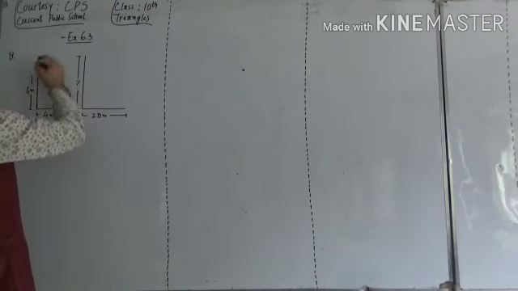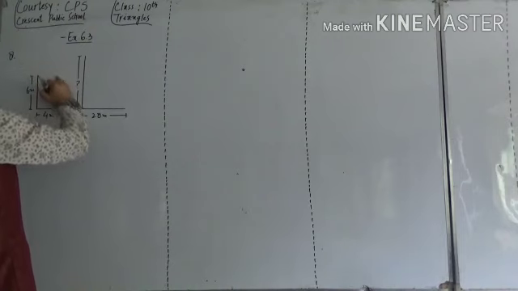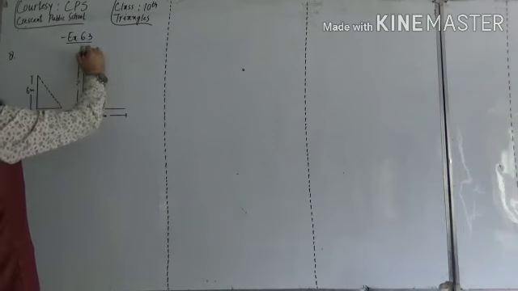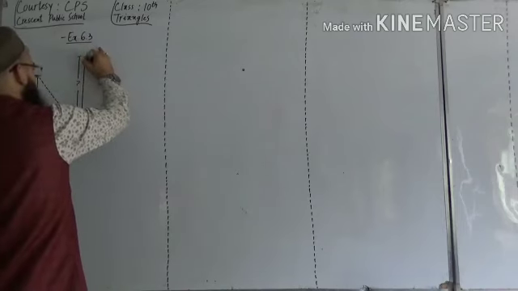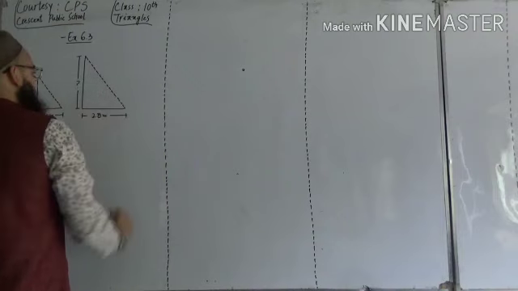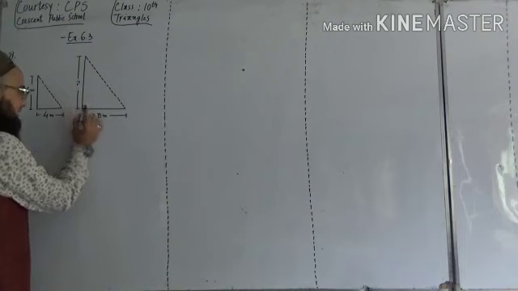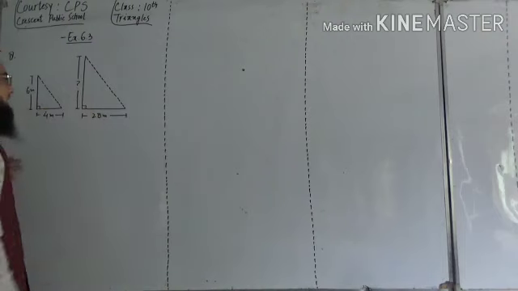If I just join this, what we'll get? We'll get two right-angled triangles.